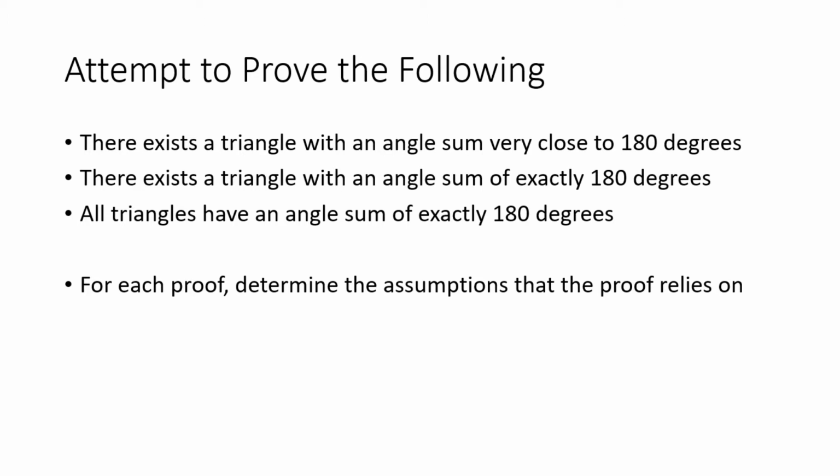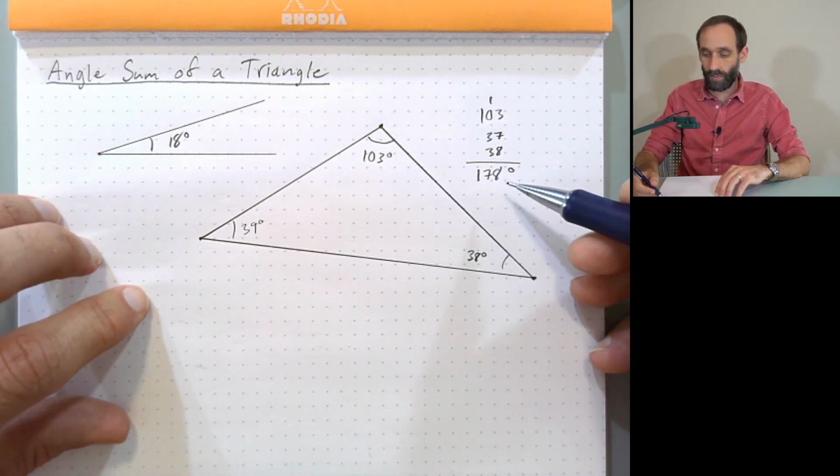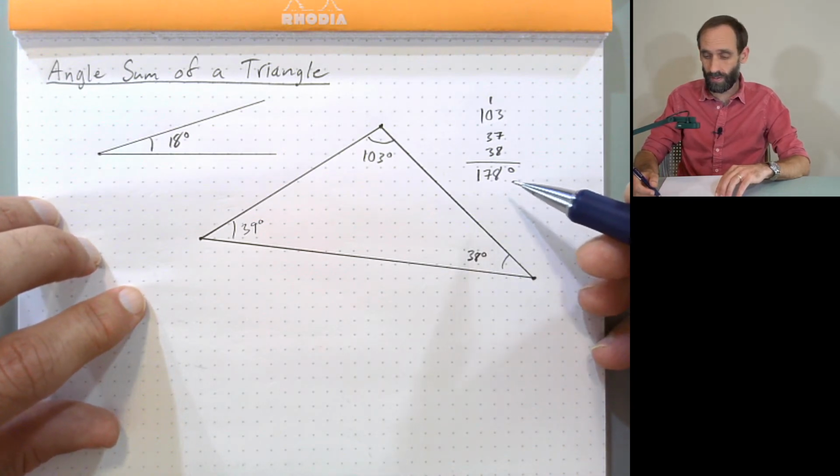Try to prove the first one. If you think you got that one, try to do the next one. If you got that one, go on to the third one. And for each proof, determine as best you can what assumptions that proof relies on. Now, for the first one, you might say that the measurement that I just did here is evidence enough that there is a triangle with an angle sum very close to 180 degrees.